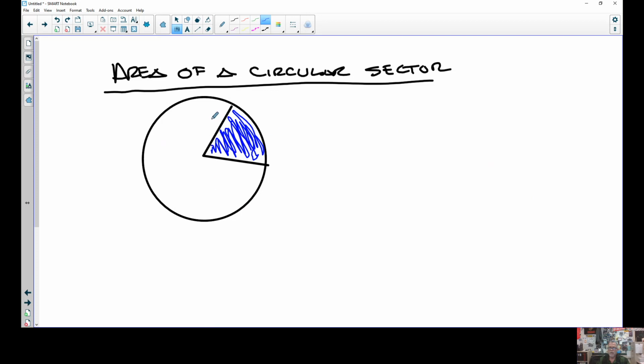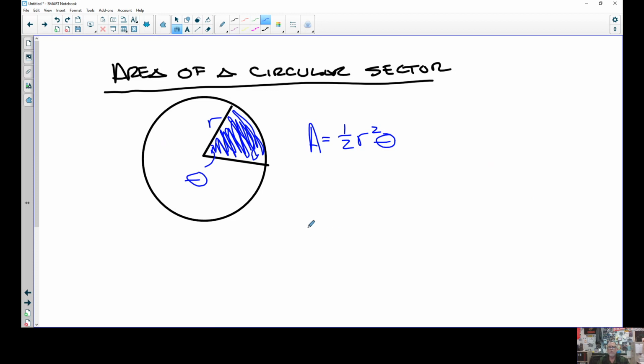And it's going to be based on these same measurements. We know R, we know our theta, and we're going to work with that. So our area here is going to equal 1/2 R squared theta. All right. So what is this going to look like?